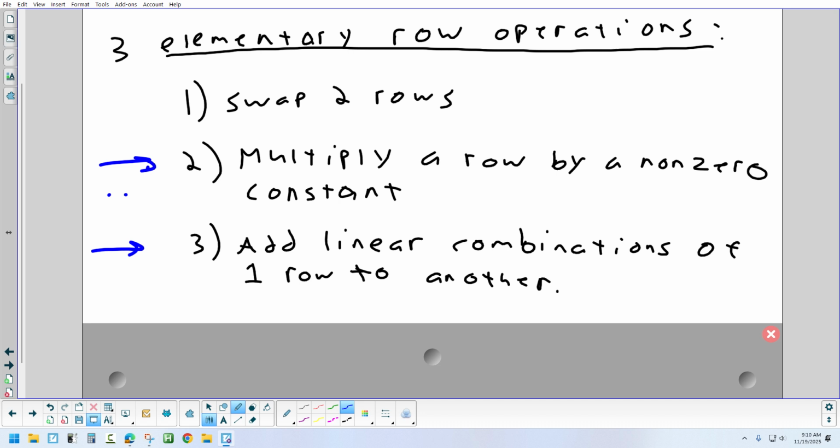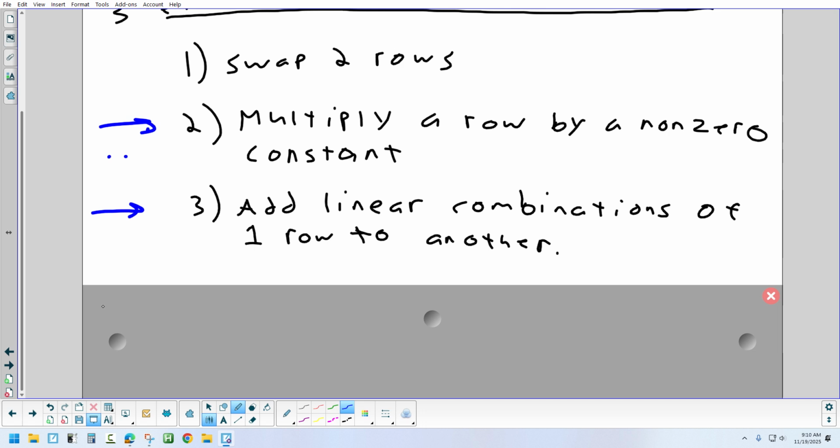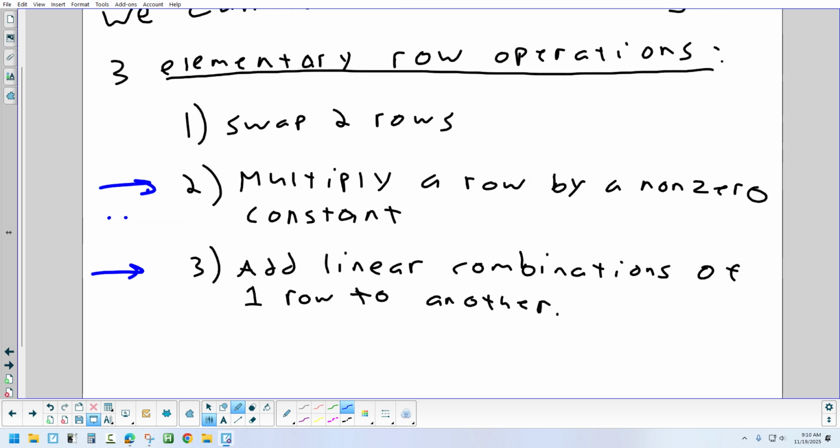No, we're going to always follow the same steps. All right. So that's the background, and now we're just going to try a few problems with the matrix. Okay, so does everybody have the 3 things that you're allowed to do?